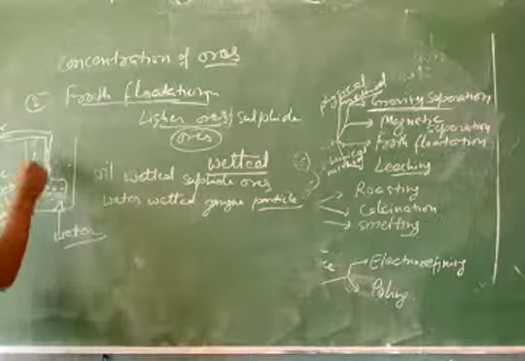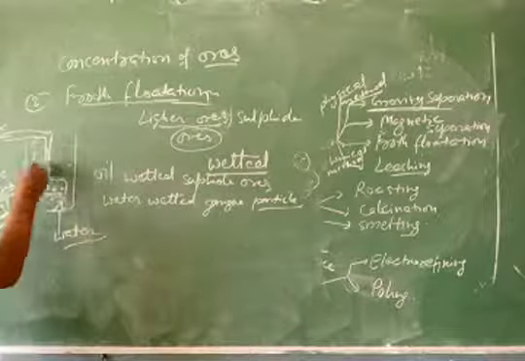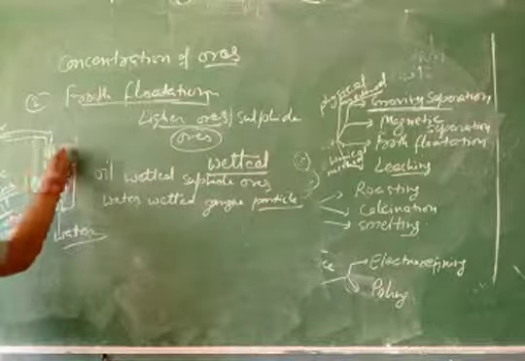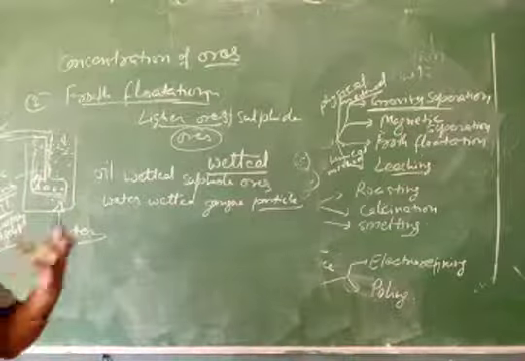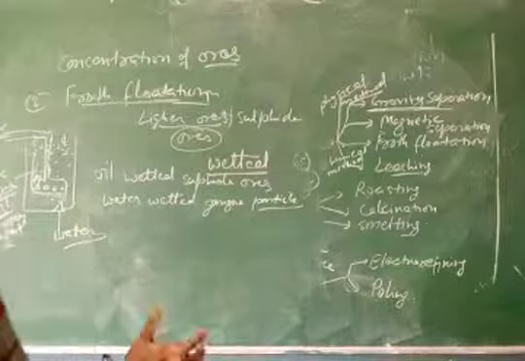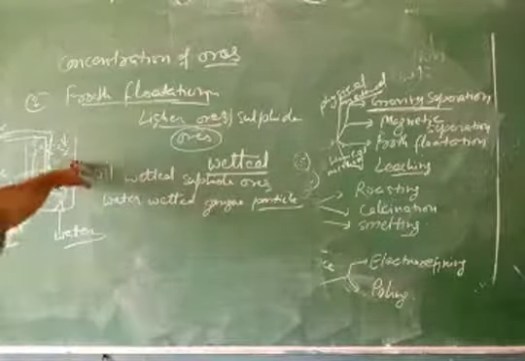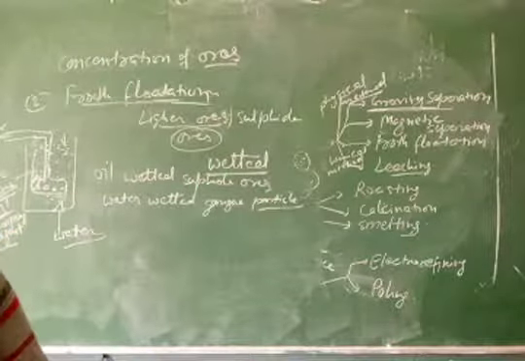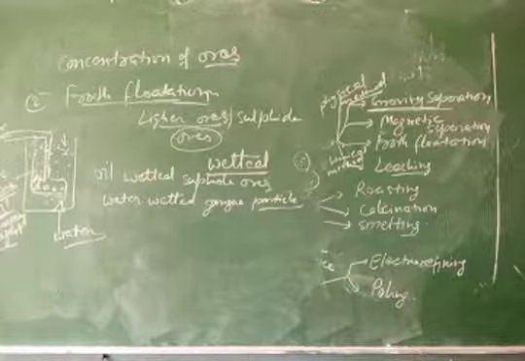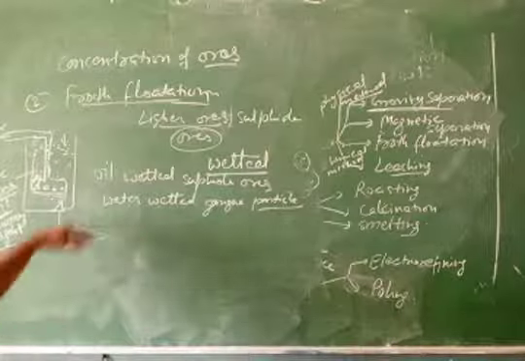The ore particles wetted with this fine oil come to the top of the water layer in that tank. So the ore particles which are preferentially wetted by oil rise to the surface along with the froth and are skimmed off.